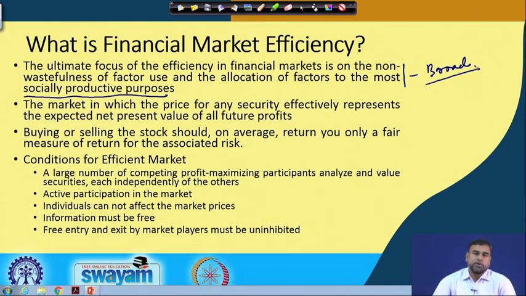So, whenever we observe that particular price, we should ensure that the price reflects all kinds of cash flows that can be generated from that particular asset over a period of time. If you discount those cash flows with respect to a particular discount rate, then the net present value of that cash flow should be equal to the price we are observing in the market.